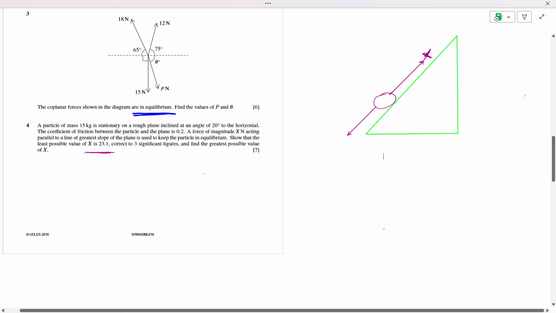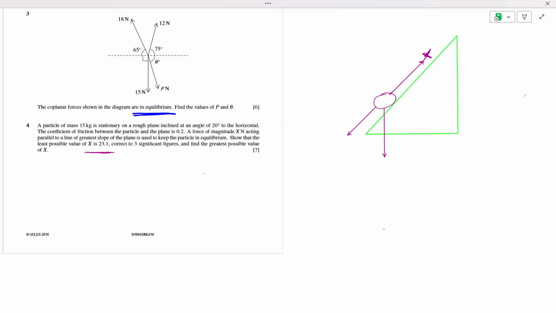Excuse me today. Right. So this is the weight, which is mg. And then we know that this angle here, we've been told, is 20 degrees.